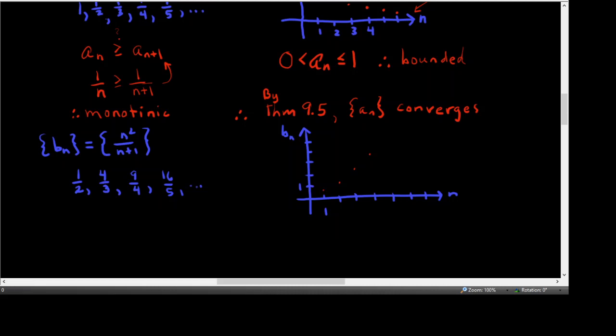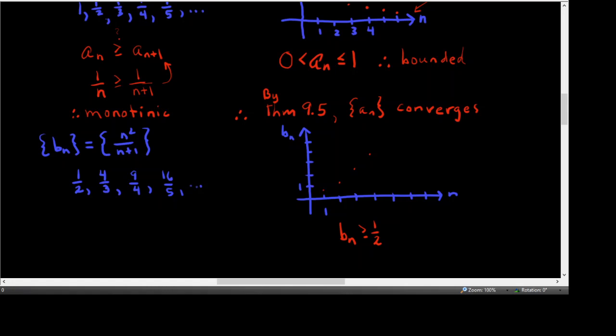So, is this bounded below? Well, yeah, the smallest answer we got was 1/2. So b sub n is definitely greater than or equal to 1/2. Is it bounded above? Well, as we just indicated, these are just going to get bigger and bigger and bigger without bound.